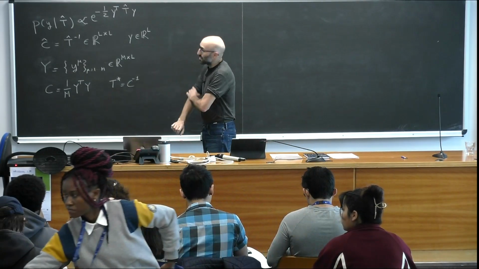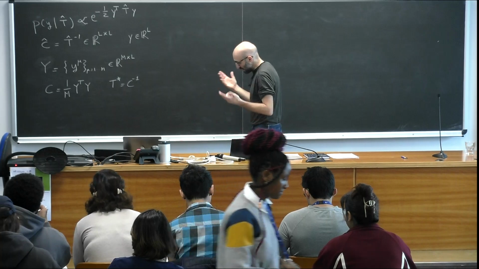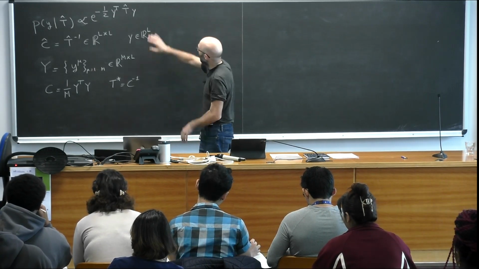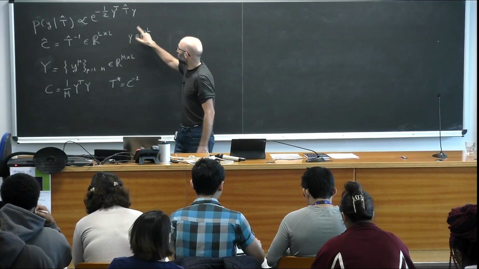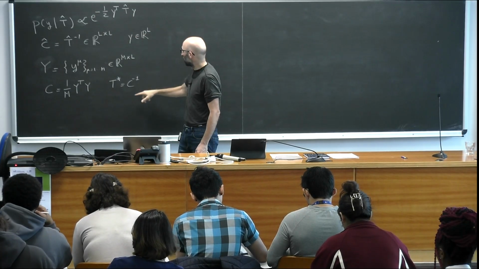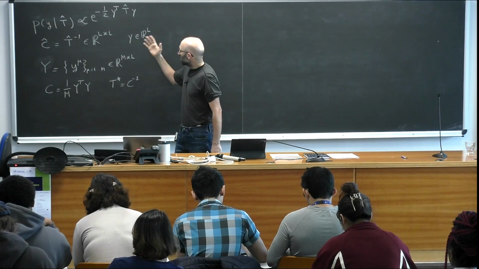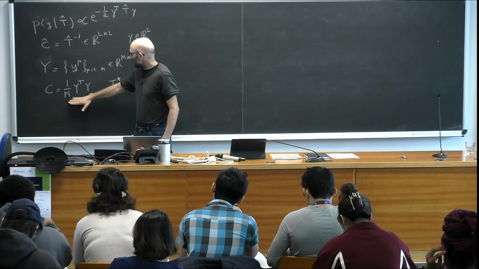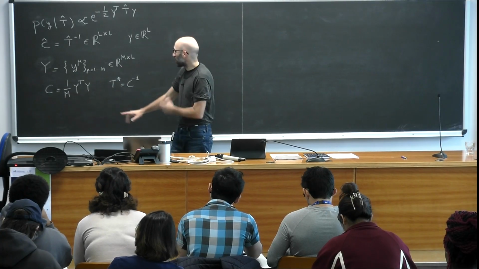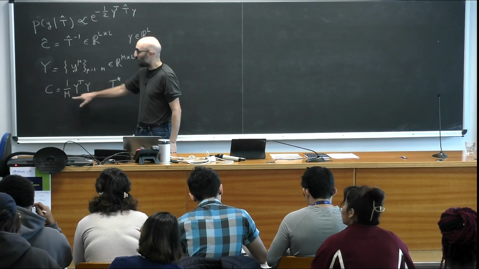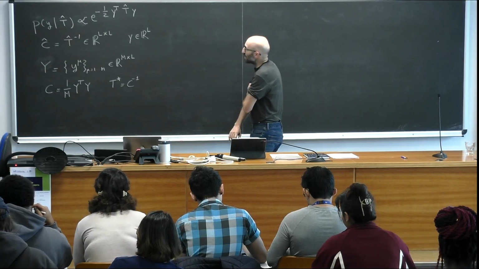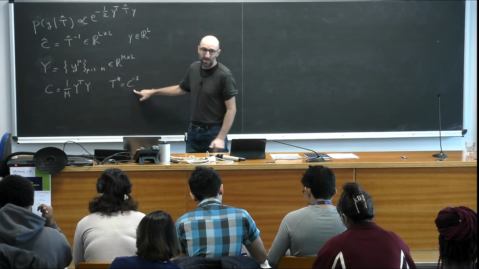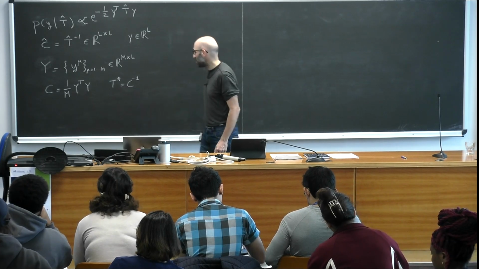And what we have seen is that if we do Bayesian inference, basically maximum likelihood inference, we assume the same probability distribution, but with the matrix T that we want to find. What we obtain is that we should compute the empirical correlation matrix, which is just Y transpose Y divided by the number of data. And then the maximum likelihood estimator for T is the inverse of this matrix.